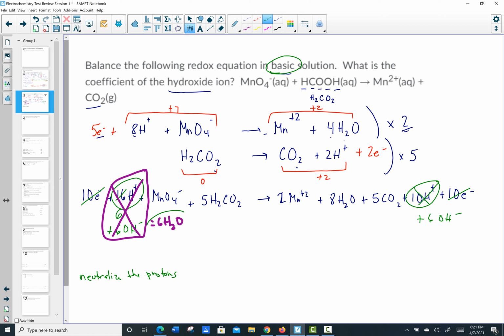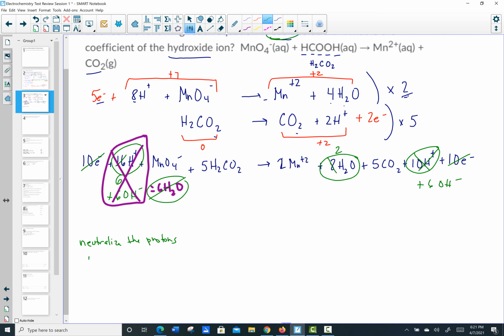Notice that the 6 waters here and the 8 waters here on the right side can simplify. I can eliminate the 6 waters from the left and simplify the waters on the right for a remainder of 2. The final answer, and again, remember that the quiz can ask you for any coefficient. This one is asking for hydroxides, but it could be for any of them.